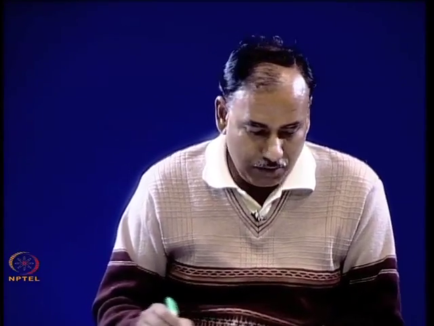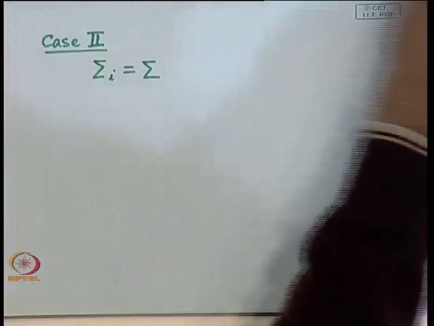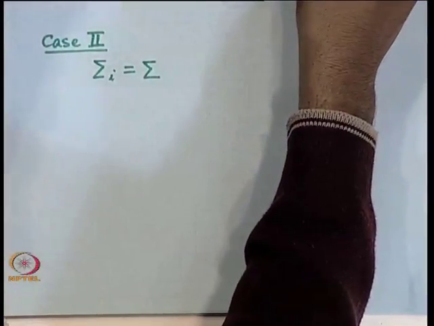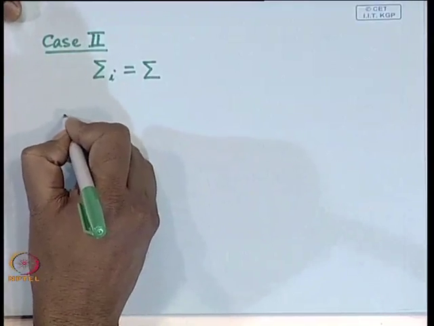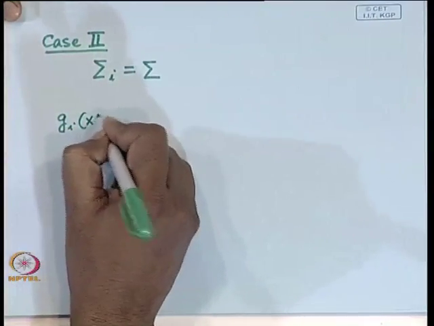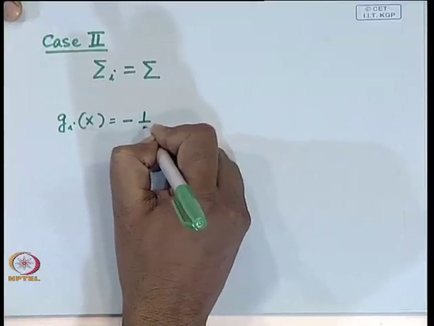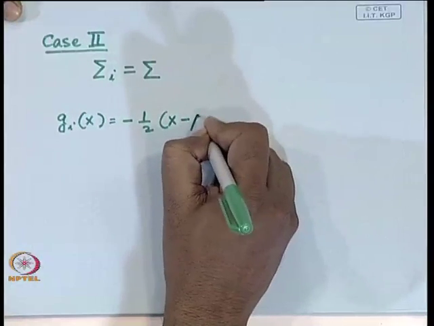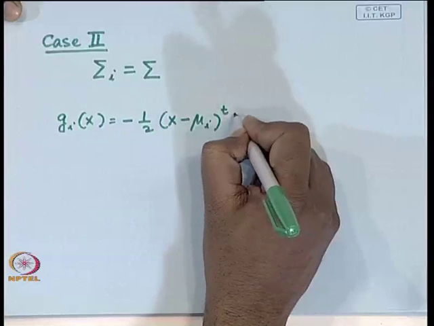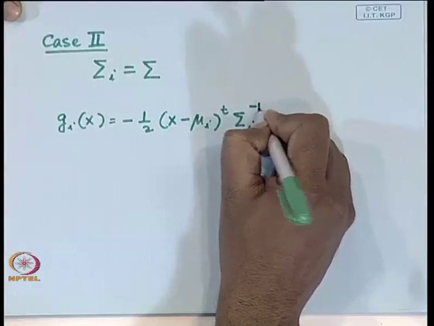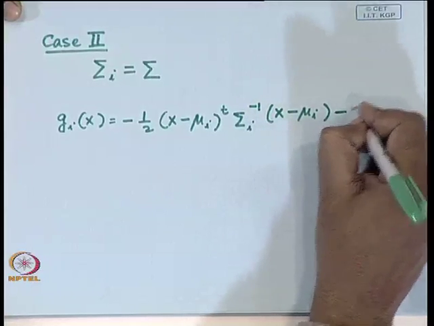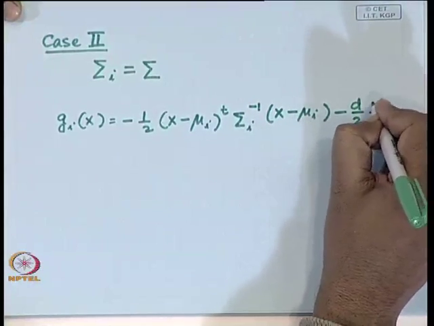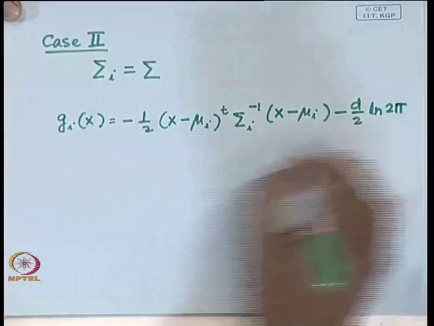So, here again you find that out of the general expression of the discriminant function, in the general expression we had g i of x is equal to minus half x minus mu i transpose sigma i inverse into x minus mu i, minus d by 2 log of 2 pi.